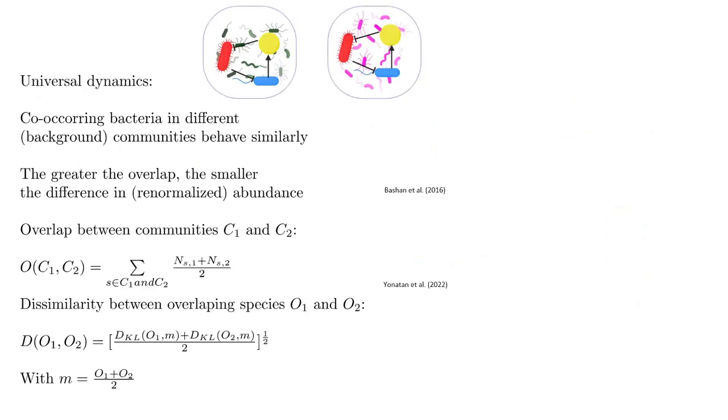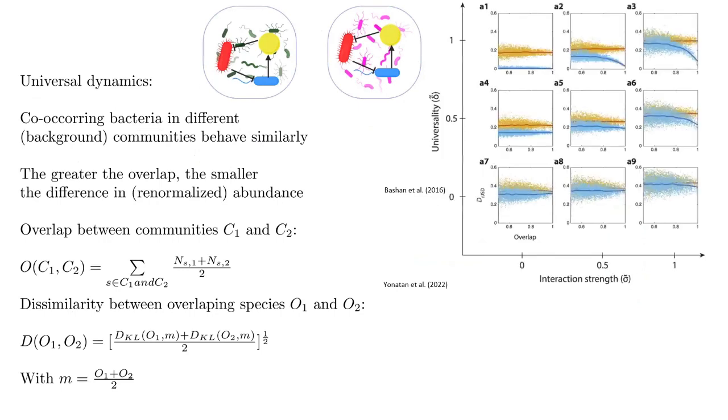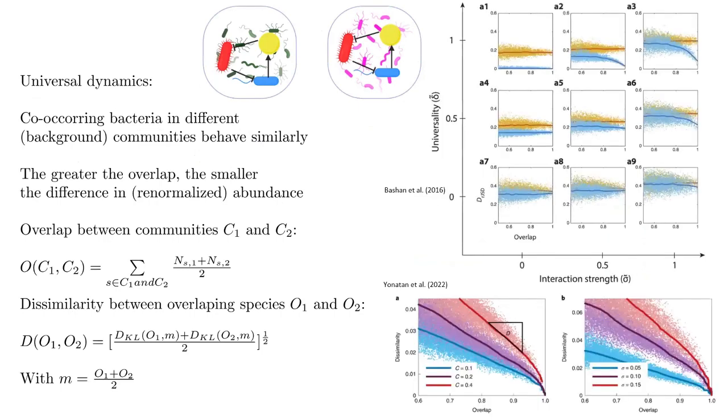And then you have this universal dynamics that was also shown by Sun. The idea here is that if you have the same bacteria occurring in a different microbiome background, and they follow this kind of Lotka-Volterra dynamics, then you would expect their relative abundance to be consistent when you compare the two.